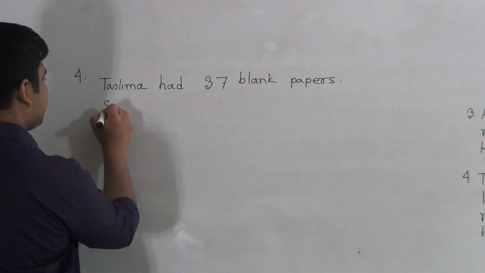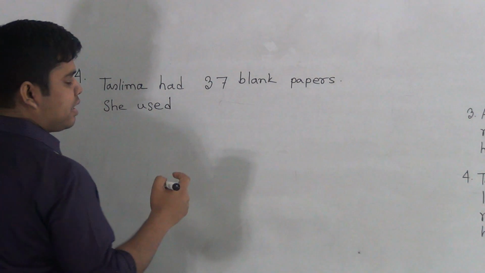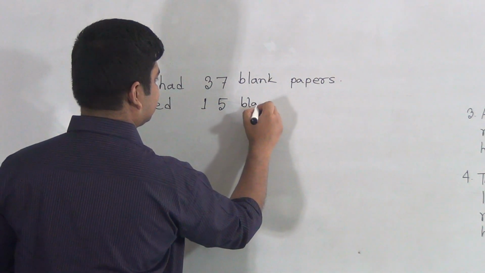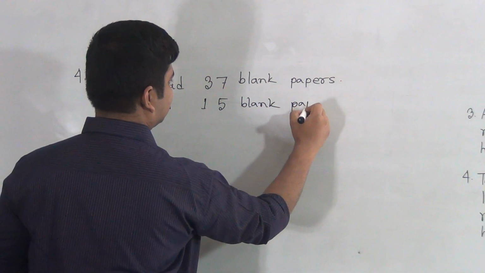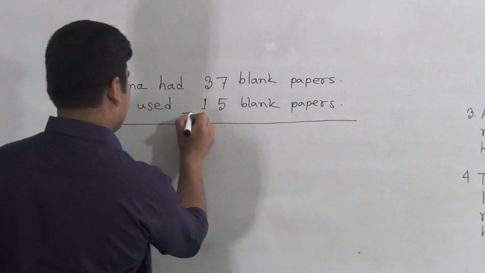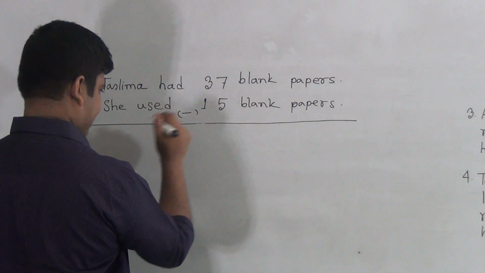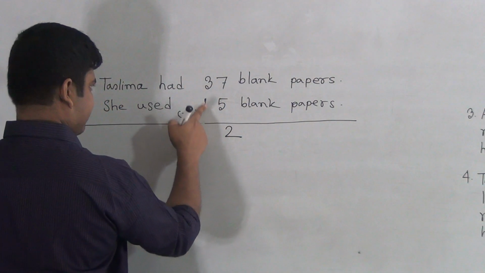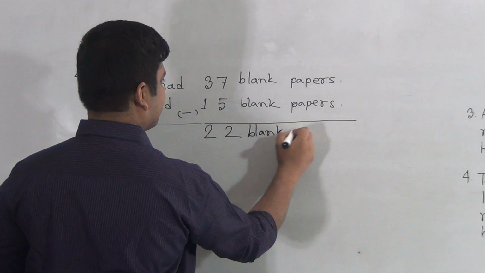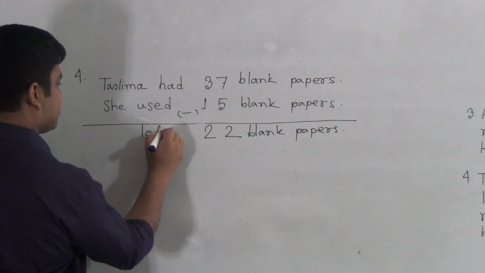She used how many blank papers? 15 blank papers to draw pictures. Then here you write a minus sign. We subtract 5 from 7, we get 2. 1 from 3, we get 2. So 22 blank papers, and here I write left.